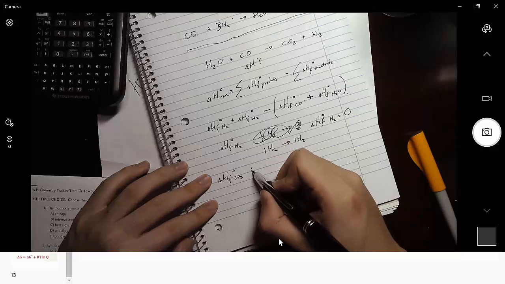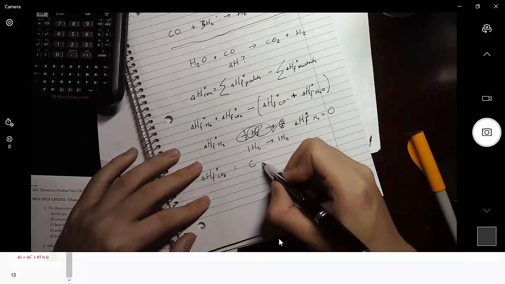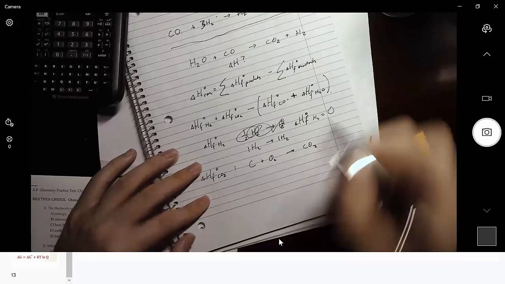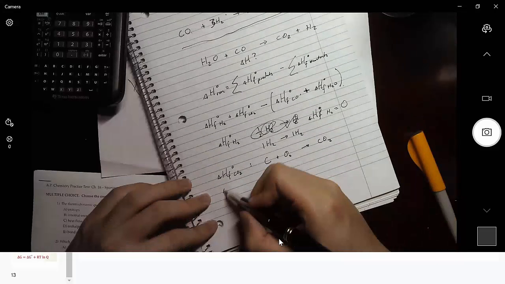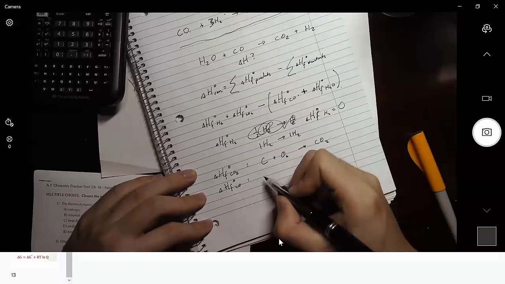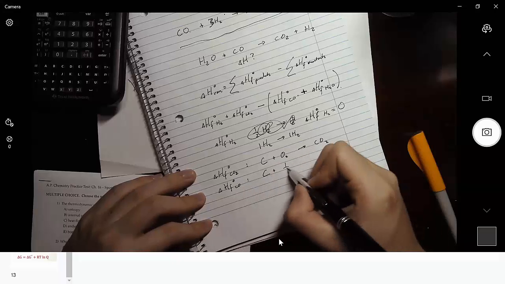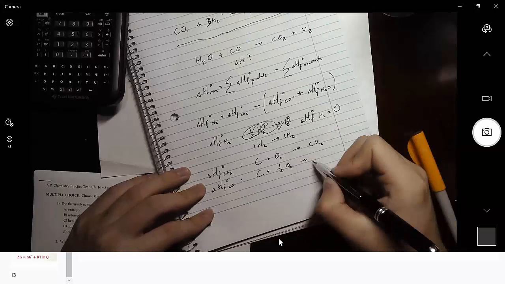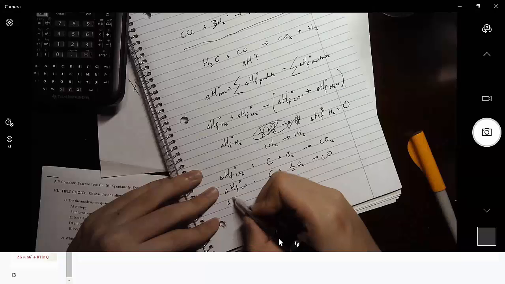So this corresponds to carbon plus oxygen goes to CO2. And then we can repeat the rest. And then water.